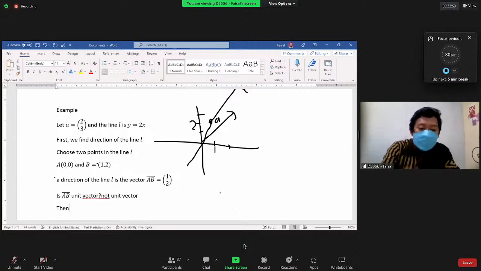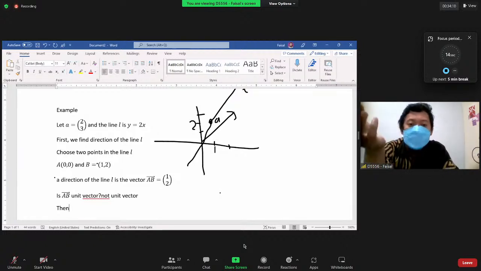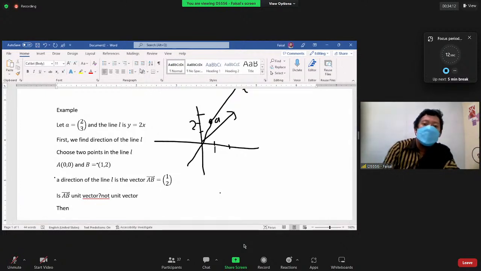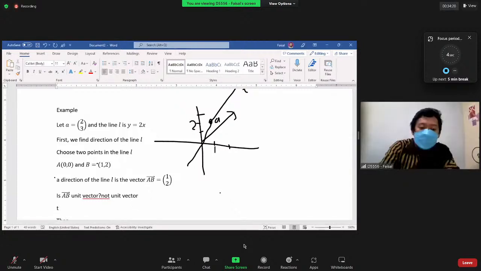Because this is not a unit vector, what is the length of AB? The length of AB is square root of 5.